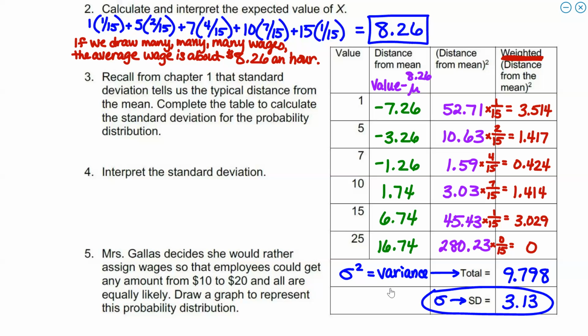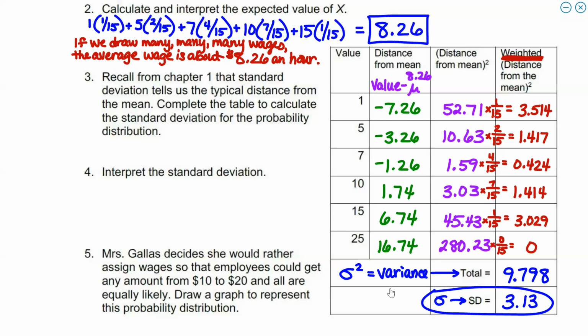So as I go around this room and everybody drew a card, remember we said our average wage was about $8.26 an hour. And so on average, I would expect most people in the room to be within $3 of that. So anywhere between what, 5-ish and 11, 12.